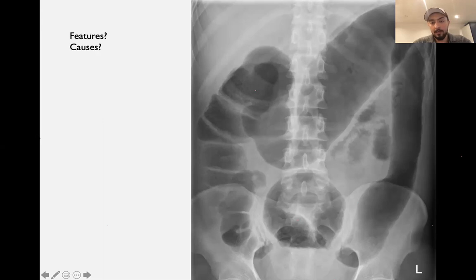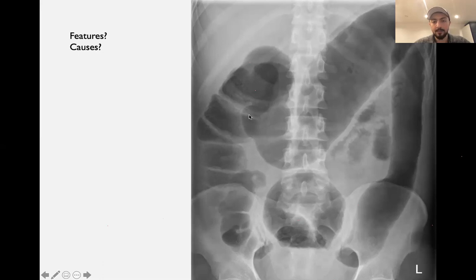Okay, so you can see some features in this abdominal X-ray. First of all, you can see the ascending colon. It looks like thumbprints, basically, and this is called thumbprinting.